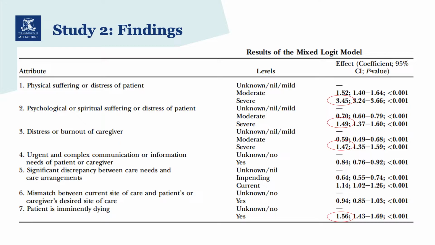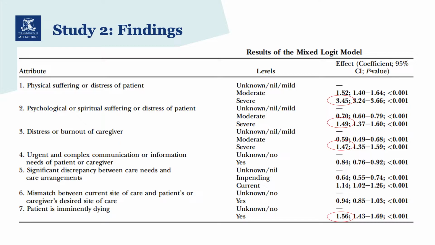And here are the findings for the 7 triage factors. So it probably becomes more clear on the next slide, but this is just the raw data. You can see that the physical suffering or distress of the patient, when that was severe, that was hands down the most influential factor, more than double any of the other factors.